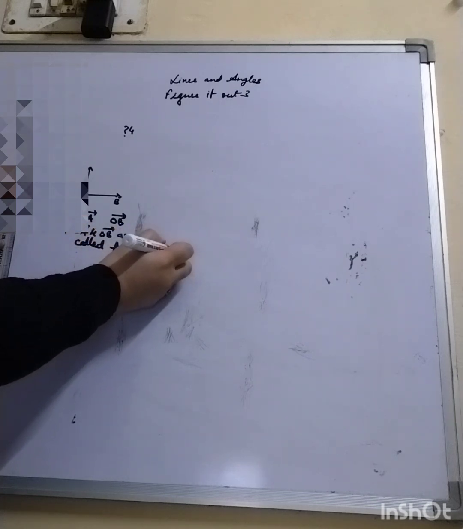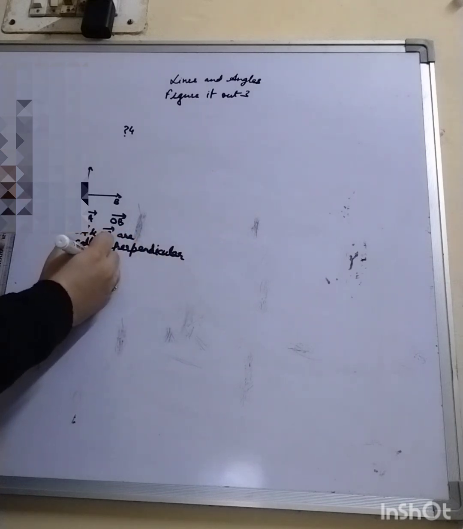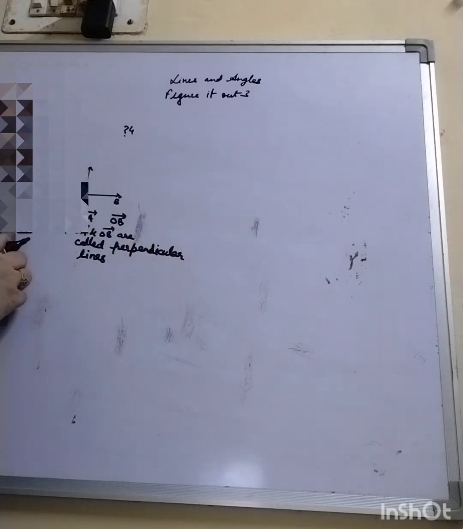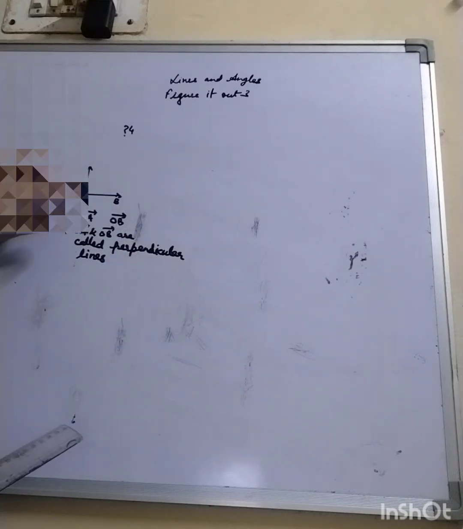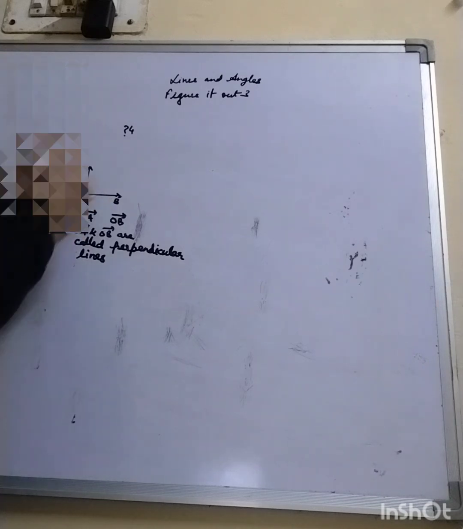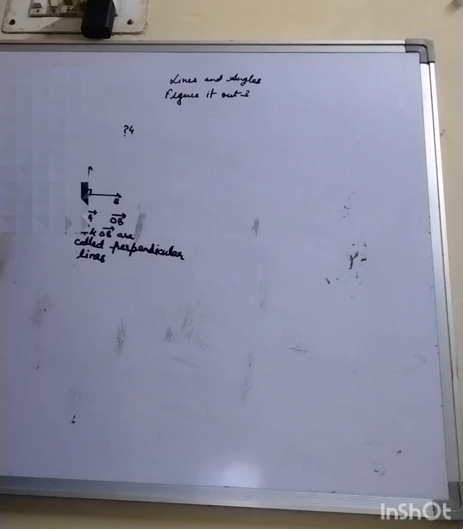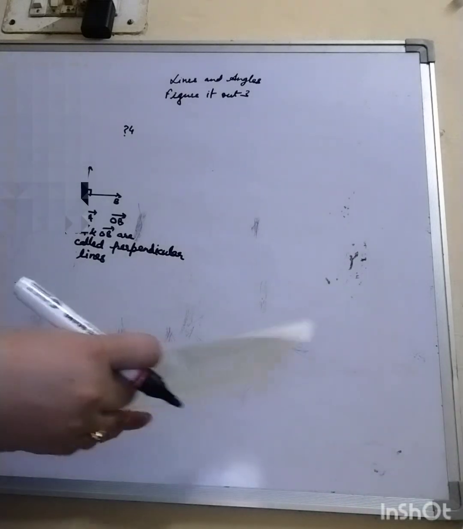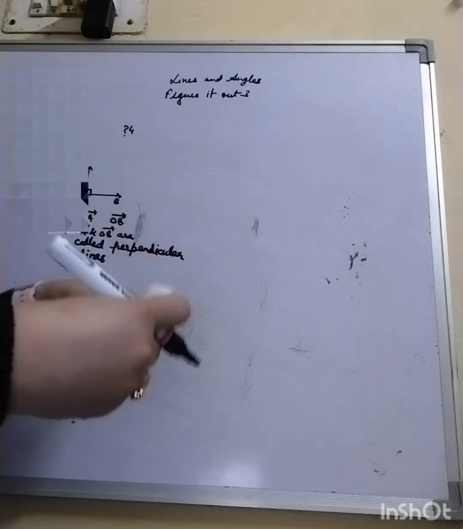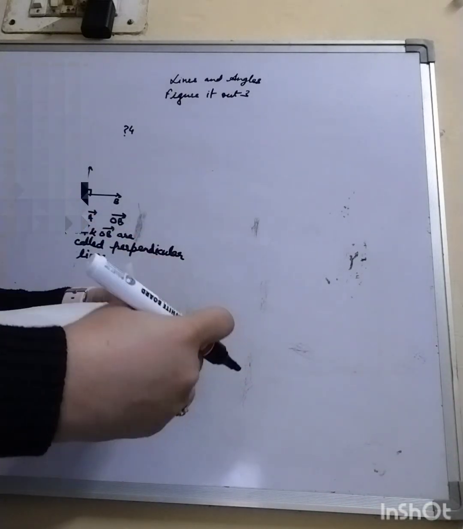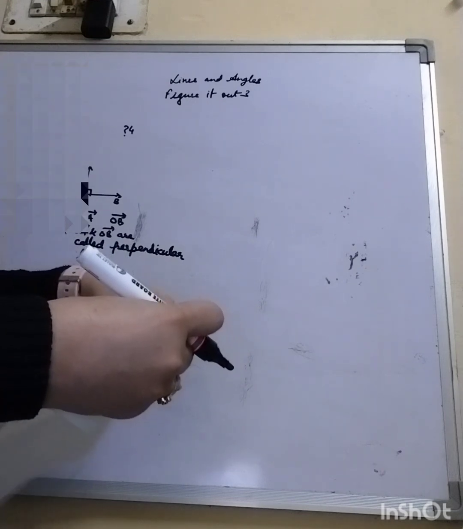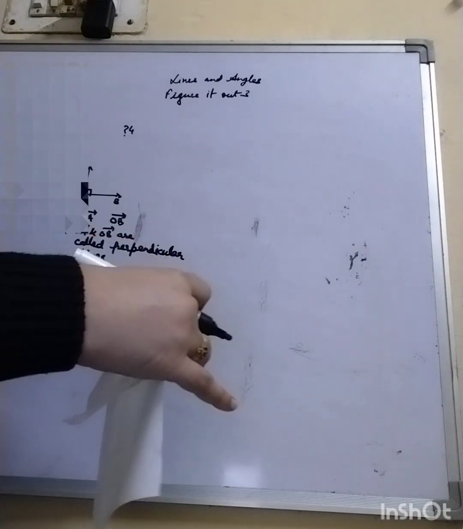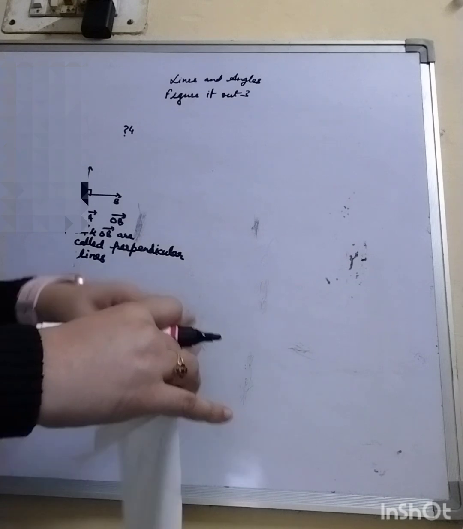So these two rays in a right angle are called perpendicular lines. Now the question says make a crease on a paper. So let's make a crease on a paper. This is a slanting crease.